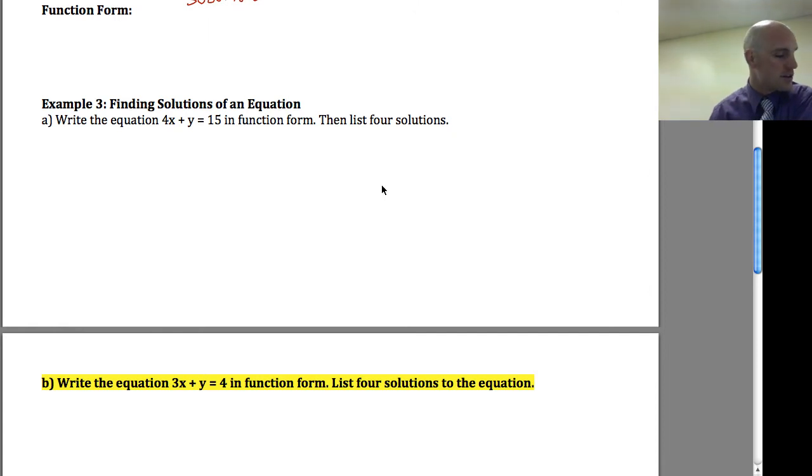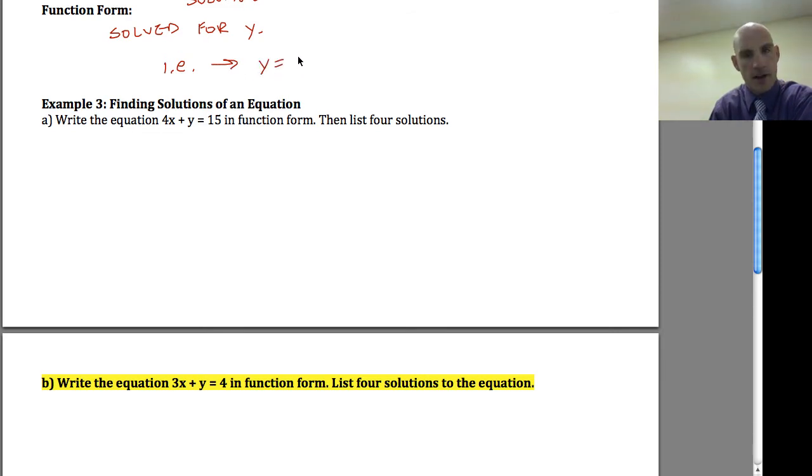That form is called function form. Function form is solved for y. For example, y equals negative 2x plus 15. Notice, y is by itself.